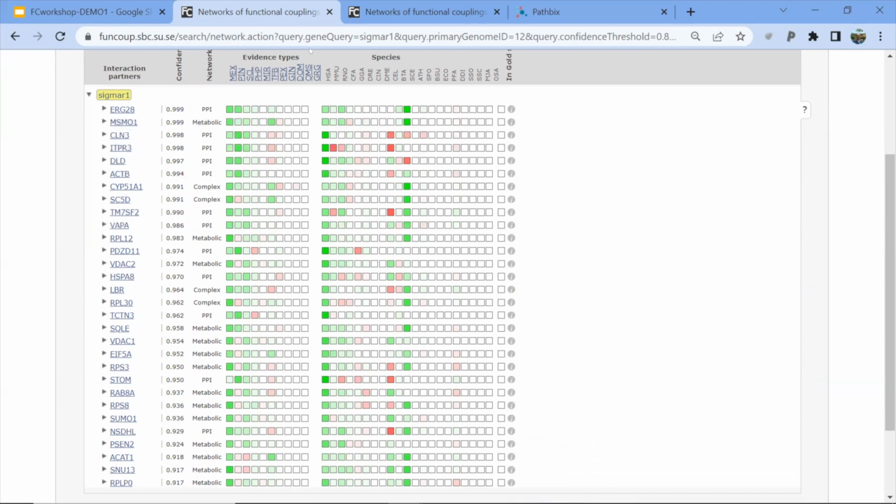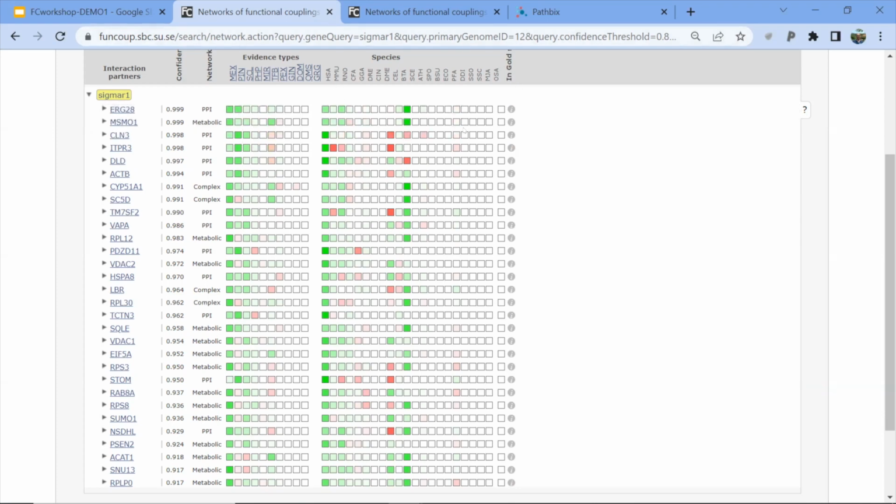Then we can take a look at this evidence types matrix, which will show you the score contribution from each evidence type to the existence of the link. So here we can see that a lot of evidence is derived from MEX, or mRNA co-expression, and also from PIN, protein interaction, and SCL, subcellular co-localization, by these green squares here.